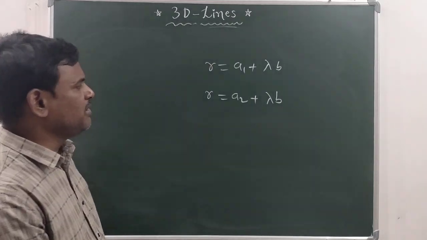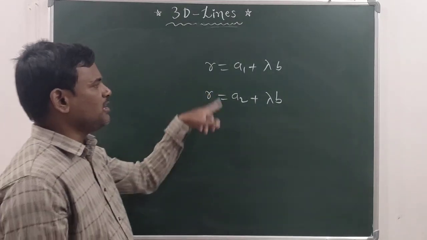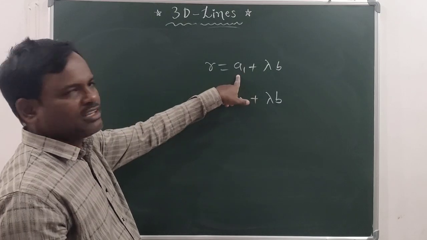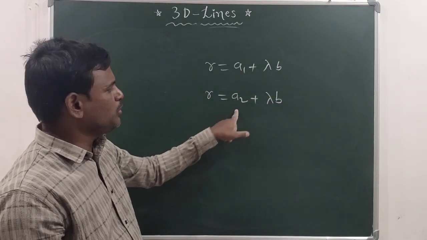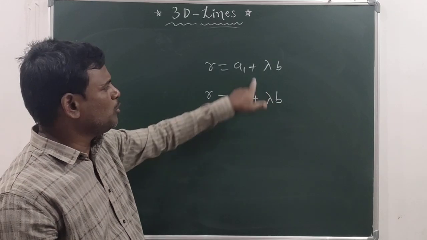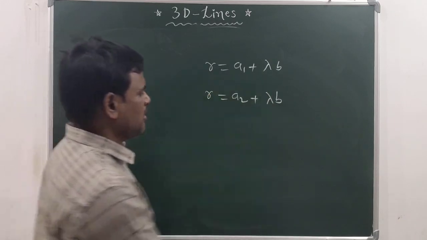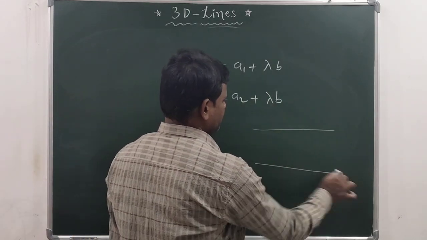What is the distance between these two, which are parallel? It is one vector passing through A1 and parallel to B, and another vector passing through A2 parallel to B. Means both are parallel lines. Now measure the distance between them.